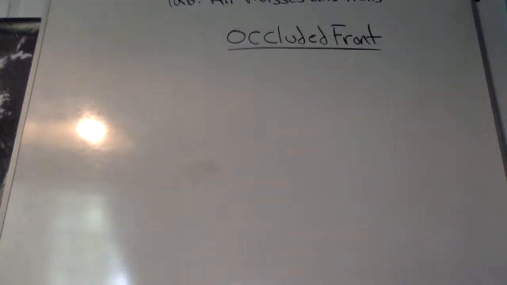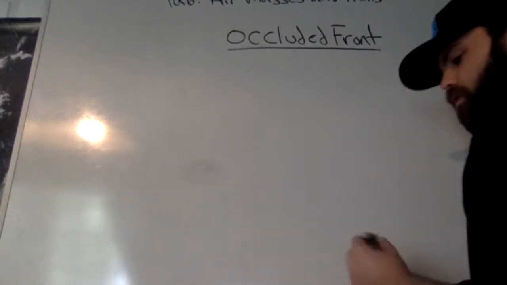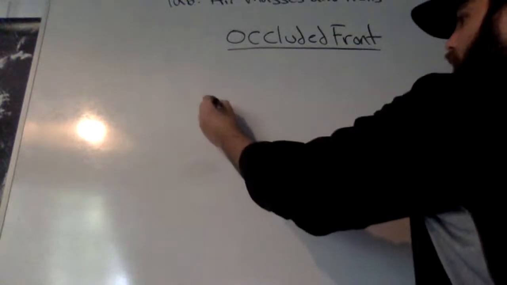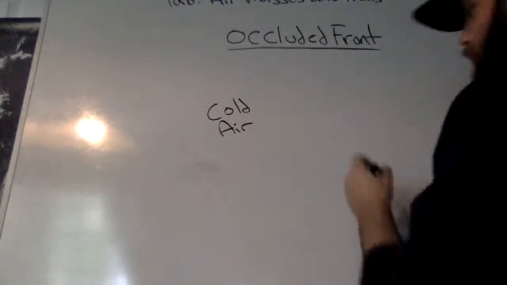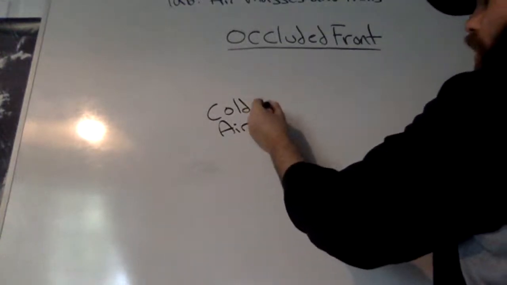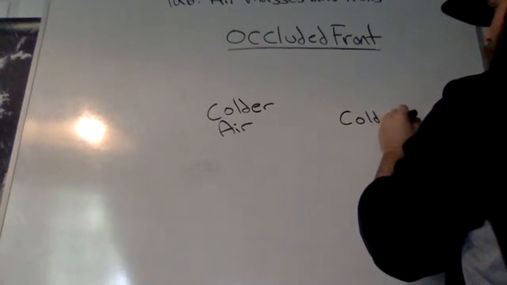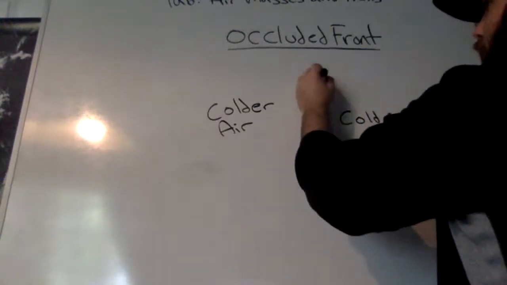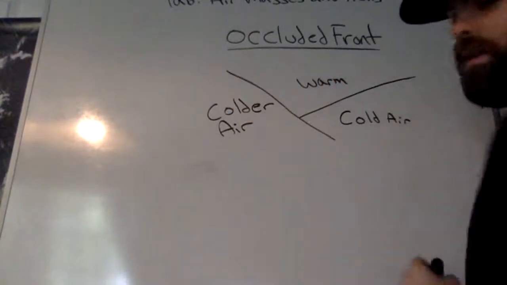Now we're going to have two air masses basically catching up to each other. So we have our colder air over here, and then we have our warm air at the top. And it kind of does this weird pattern like this.